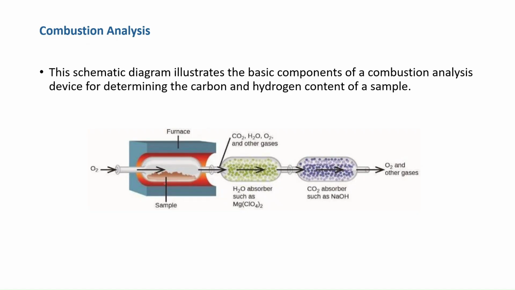You have a furnace, you put in your sample, blow oxygen, so you produce carbon dioxide and water. There's excess oxygen, and sometimes there are other gases. The excess oxygen and the other gases come out. They go through a tube that absorbs water. So if you take the weight after it has absorbed water minus the weight before you begin, that will give you the weight of water.